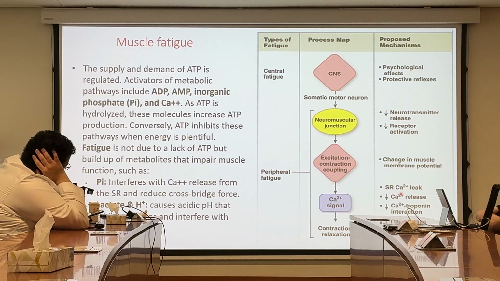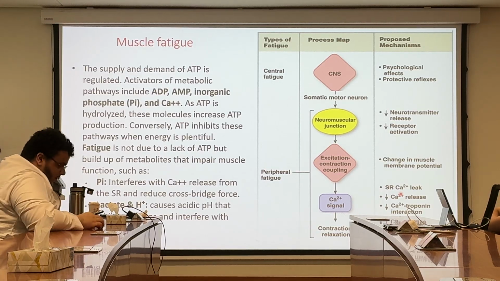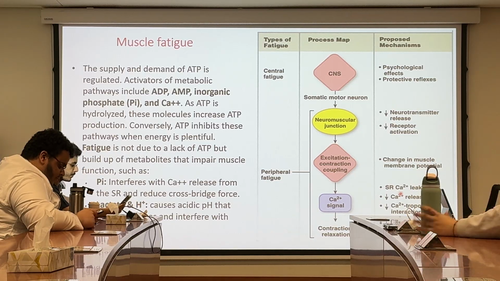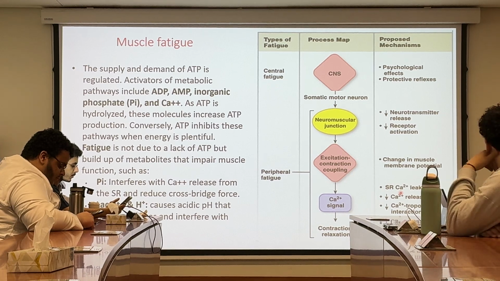Then you have sarcoplasmic reticulum calcium. Now remember, I told you if your action potentials are coming down really, really fast, your SERCA cannot pump the calcium back into the sarcoplasmic reticulum fast enough. It's working, but it's not doing it fast enough. Okay?